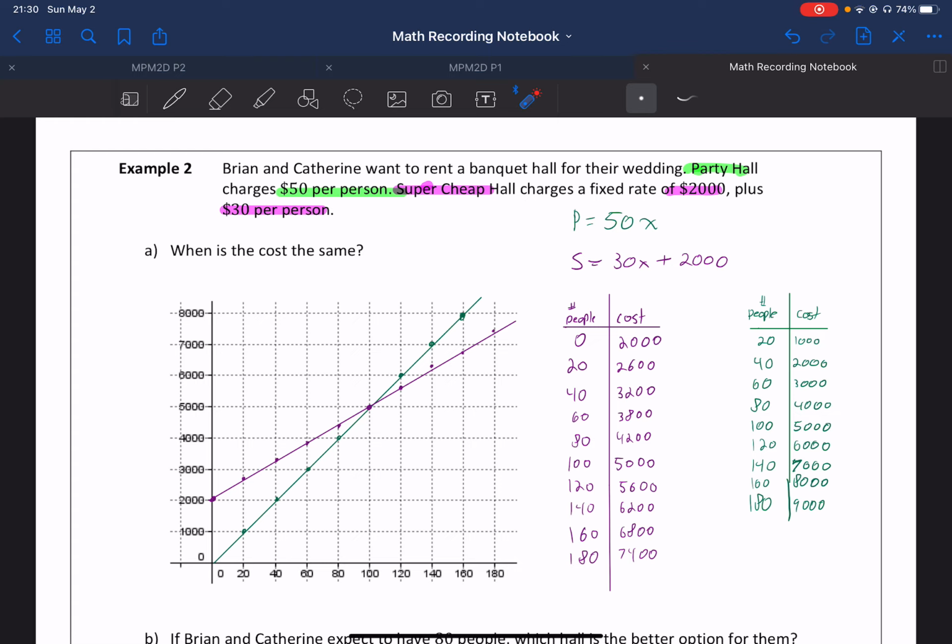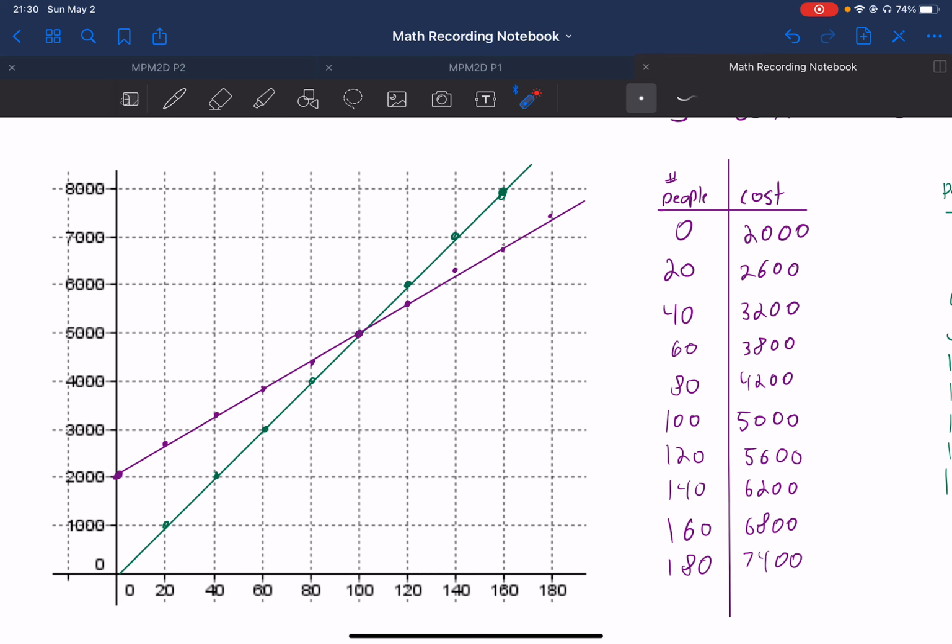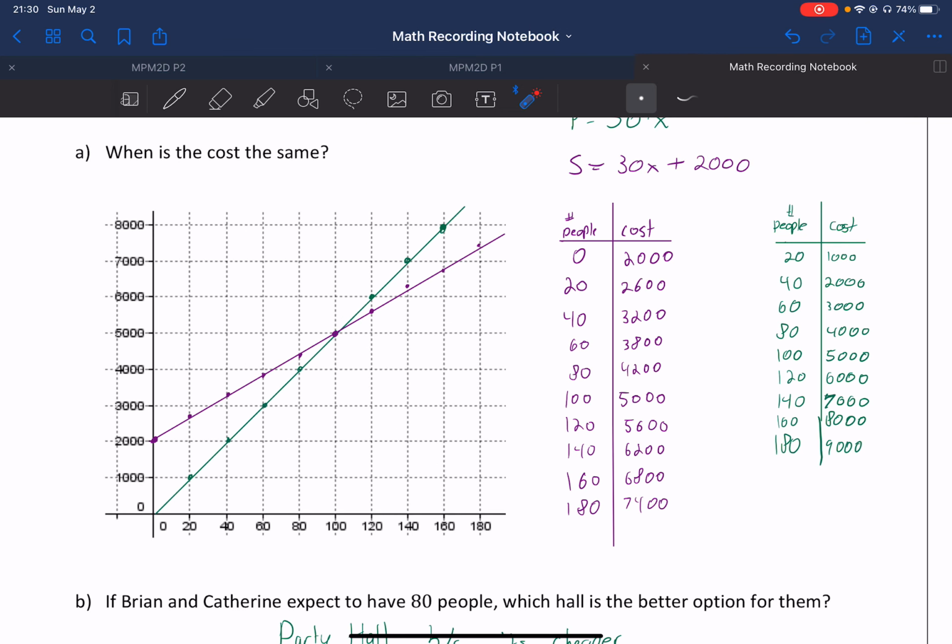I created a table of values just because it's easier when you're using these types of equations, where it just isn't as easy to go rise over run, rise over run. It doesn't really work with huge numbers like this. So I graphed it out and found a point of intersection, which you can also see in the table of values. It's here and here.